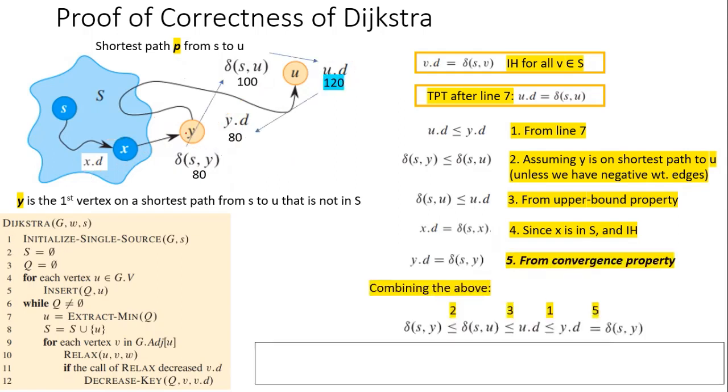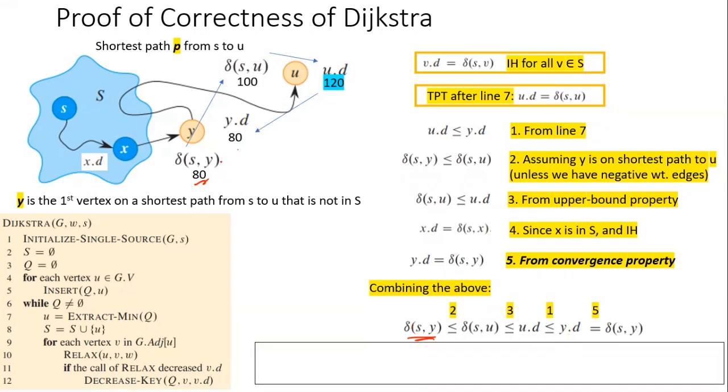You can see that we're going from delta. This delta has to be smaller than this. This has to be greater than this. This has to be smaller than this. And so we've got a problem. You can follow this logic and see that all of these imply that delta SY has to be less than Y dot D, but these are in between.